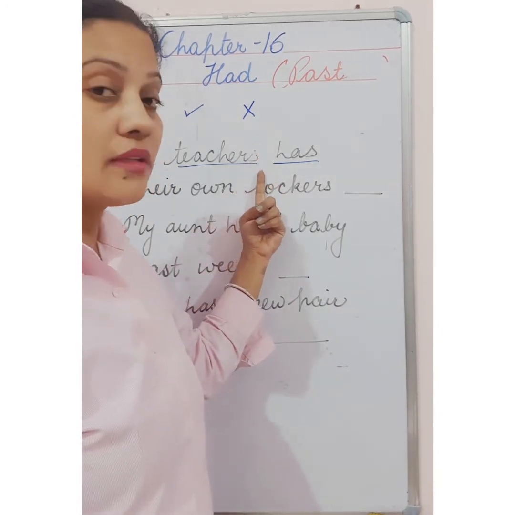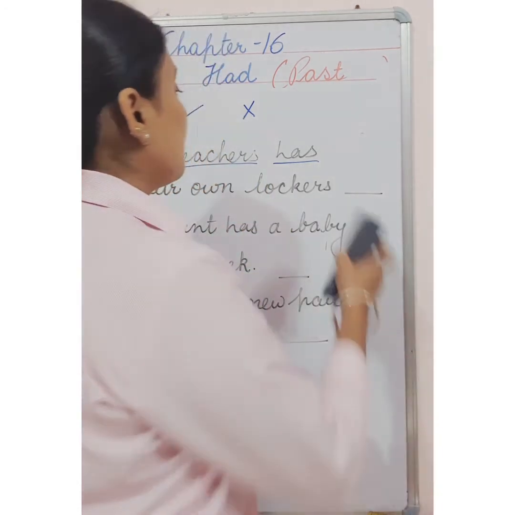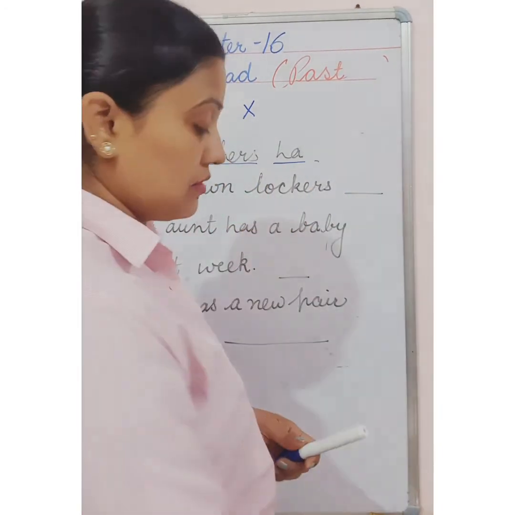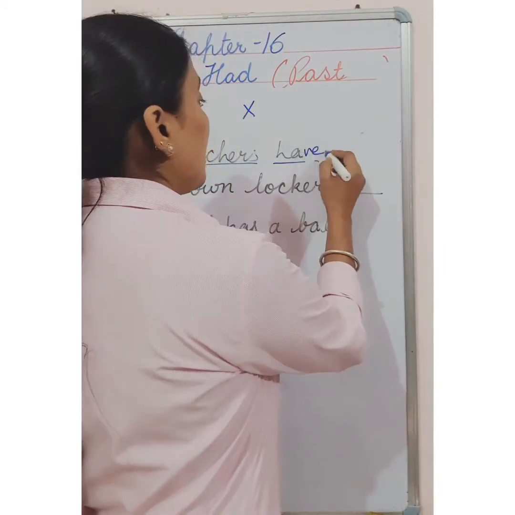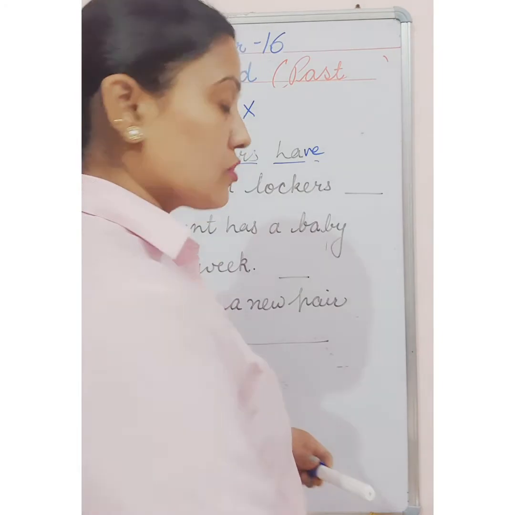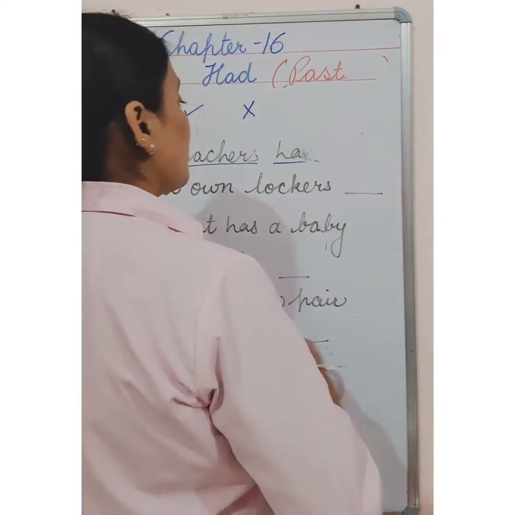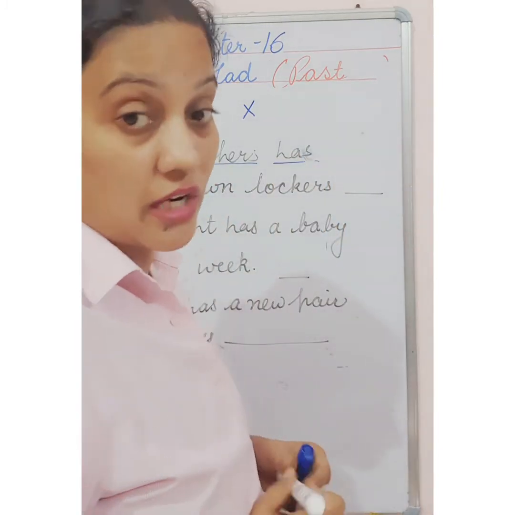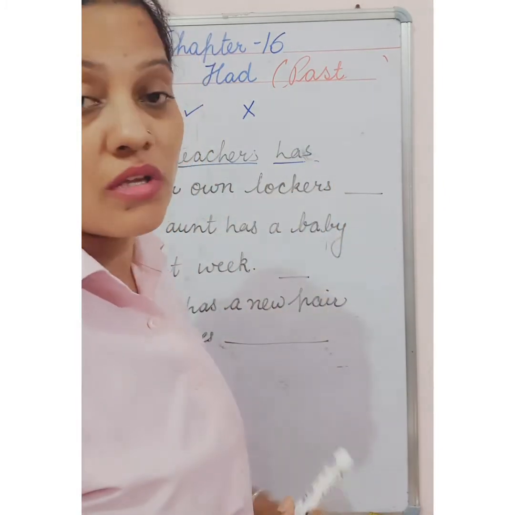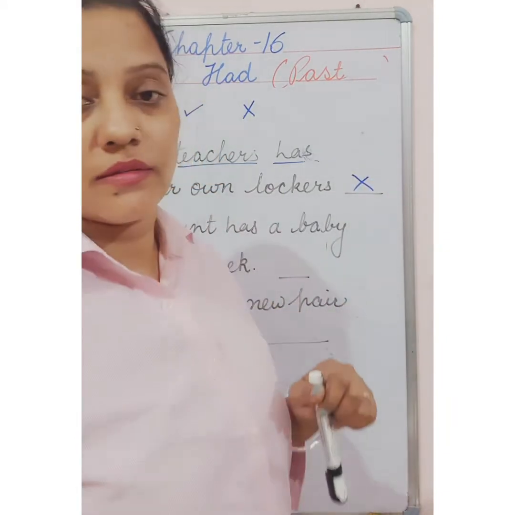But here it is given teachers. So teachers is the plural noun. So has is wrong. It will be have here. So now we have come to know that our sentence has has, but have will come, and they have done it wrong. So in this question you will put a cross because this is wrong.